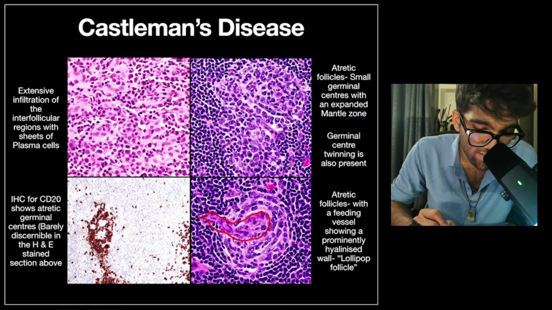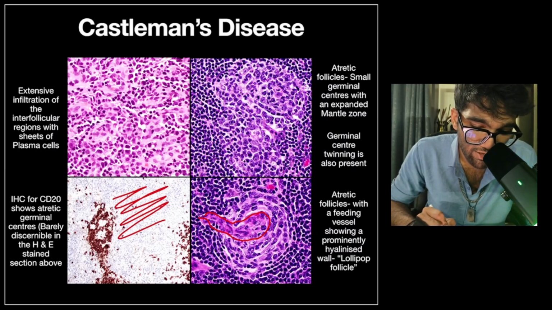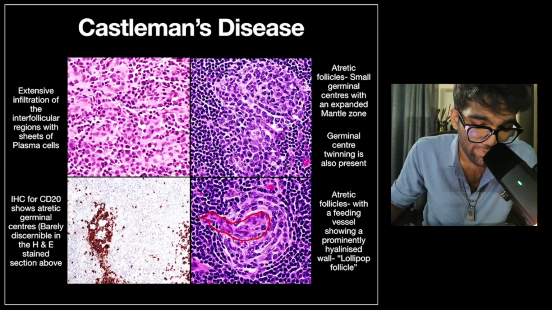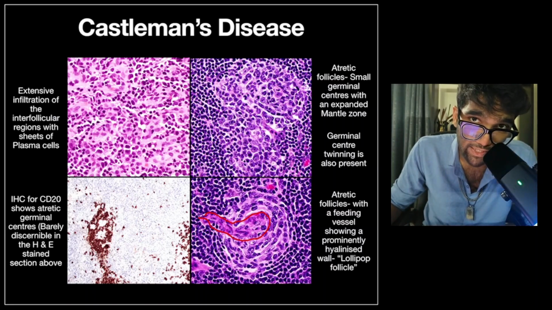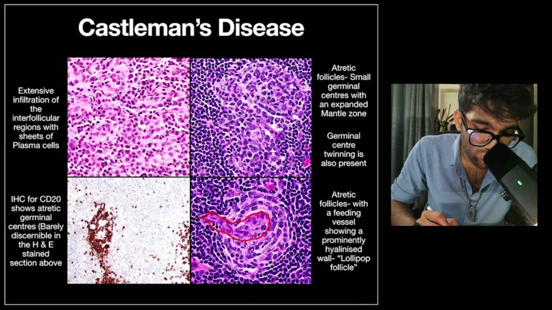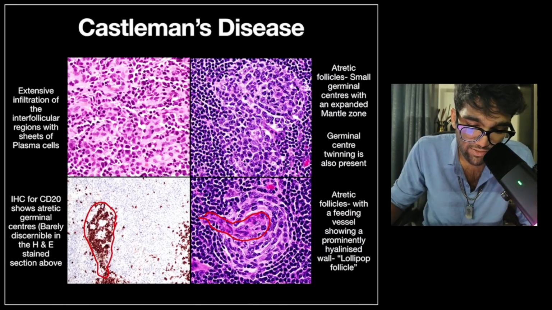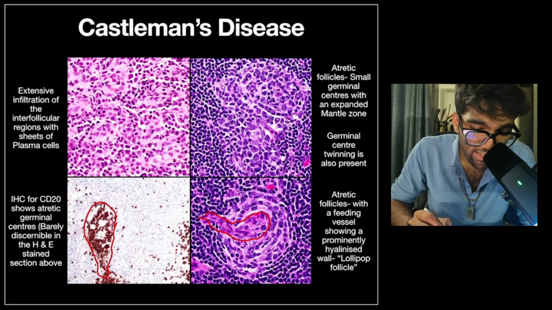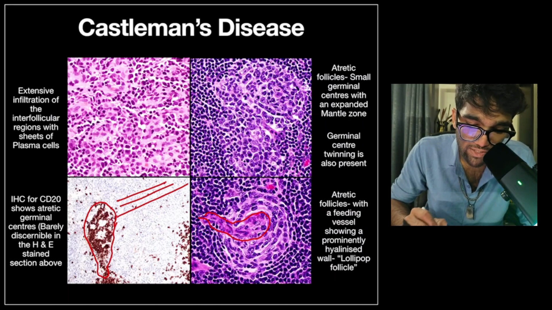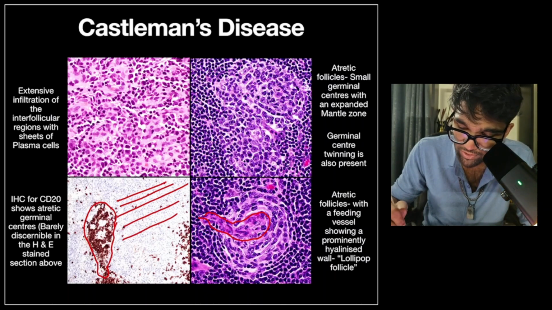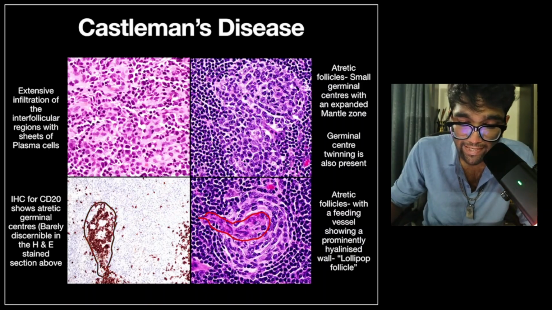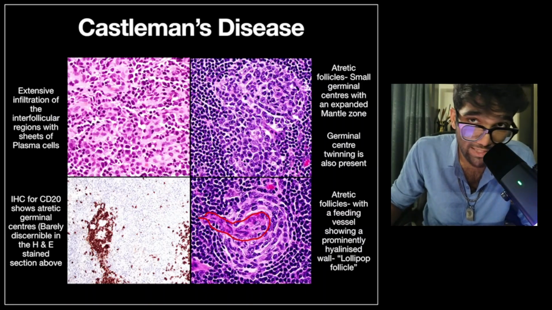So, as you can see, all these cells here are not showing uptake of the marker for CD20, and so these are not normal B cells. You do find some here, and these are present inside the germinal center that was spared. But in the interfollicular region, or the region between the follicles, you have a diffuse infiltration with these CD20 negative cells, which morphologically resemble plasma cells and therefore are plasma cells.